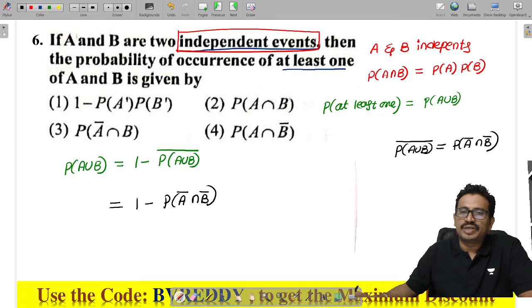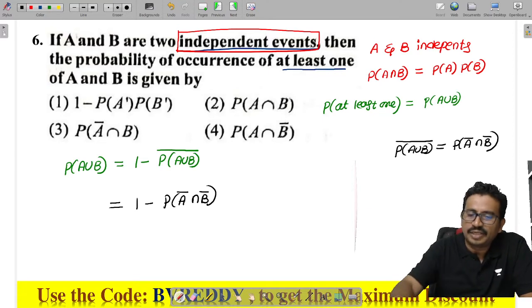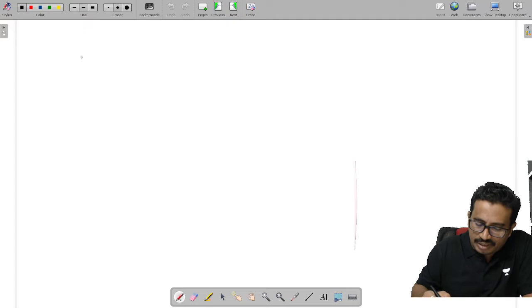Since the two events A and B are independent, we know the condition.